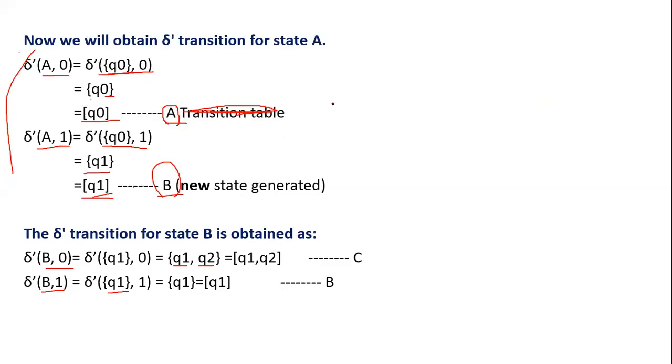So Q1 comma 1 is nothing but Q1. I have to put it in square brackets because it is a DFA. We are converting an NFA into a DFA. This is Q1, which we already have as the state B, so I just mention B.